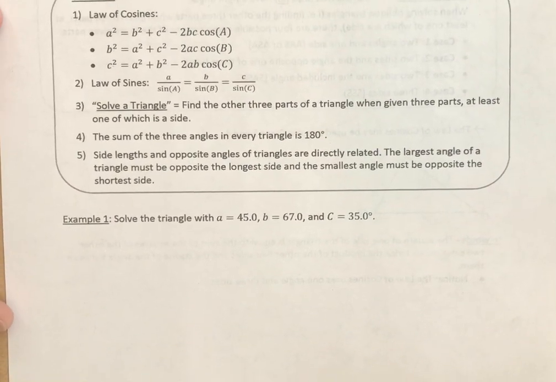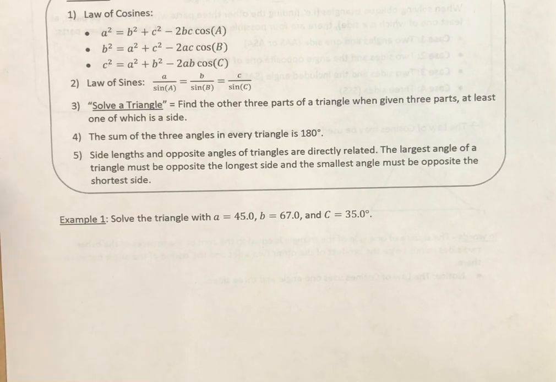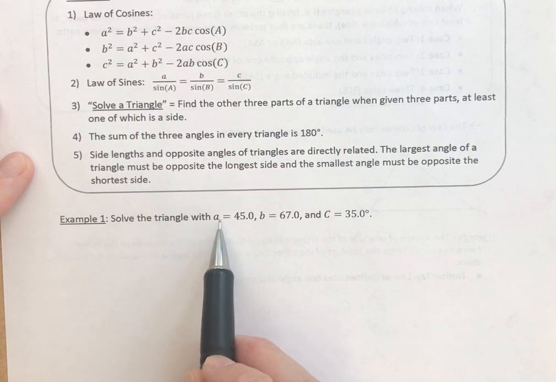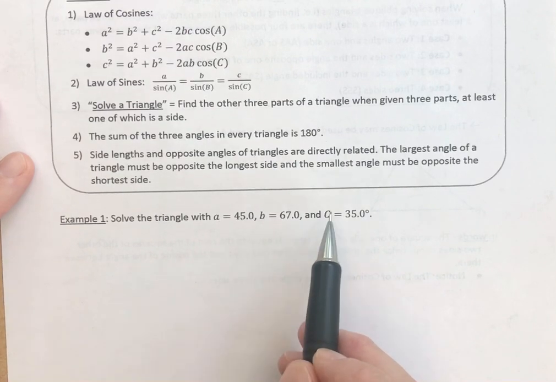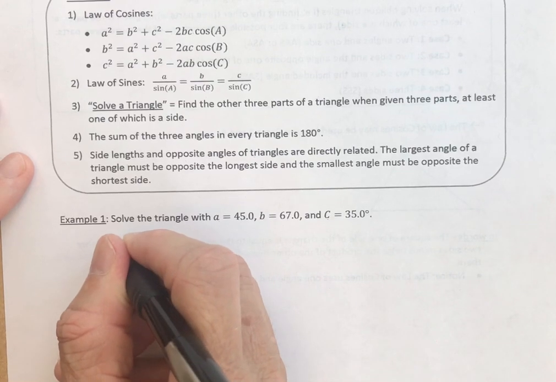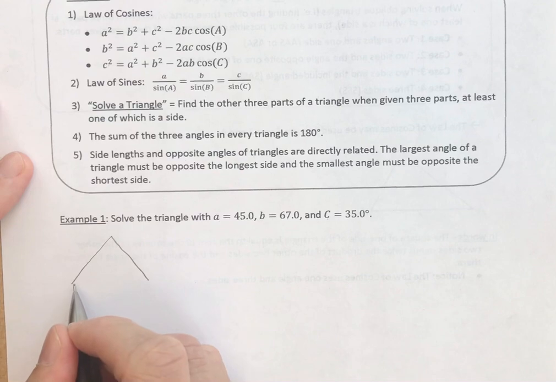I'll leave this here so we can see the law of cosines above. Let's solve a triangle using the law of cosines. Solve the triangle with side a equal to 45 units, side b equal to 67 units, and angle C equal to 35 degrees. As usual, I'll draw a simple triangle.